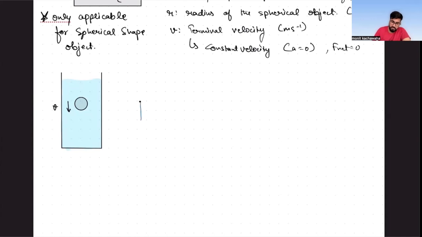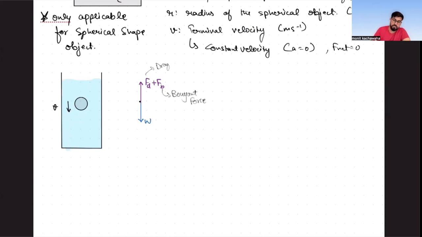So there will be a downward force acting which is equivalent to weight, and there will be two forces acting in the upward direction. Either you can show with two different arrows, or you can simply draw one arrow and say FD plus FB. FD is your drag force and FB is your buoyant force. Do not forget about this.